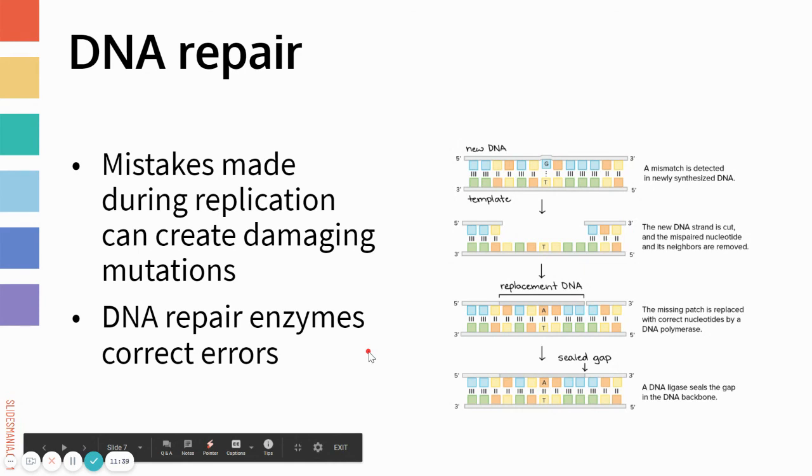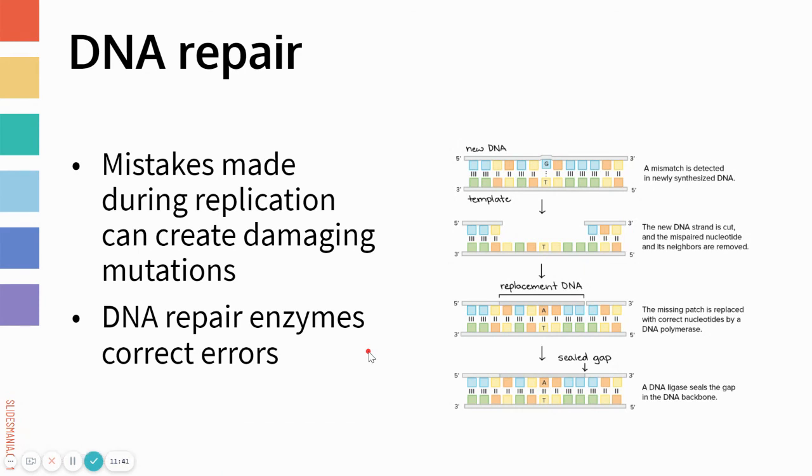So DNA repair is a process that happens in all of our cells, and it catches a lot of the mistakes that can be incorporated during the copying of DNA. Of course, some mistakes will slip through, and that's just an inevitable thing that's going to happen every time our DNA is replicated. But a lot of the mistakes are caught with these DNA repair and proofreading systems.